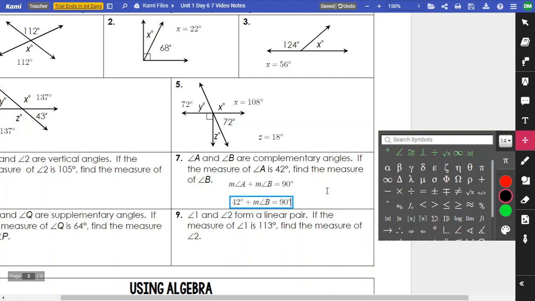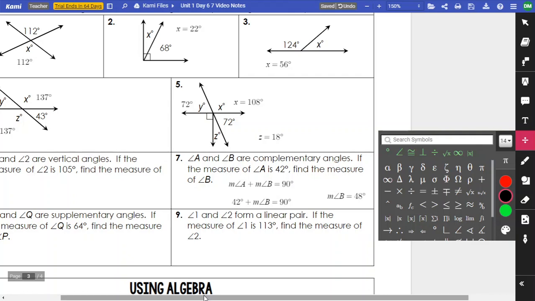And that means to find angle B, we just need to subtract 90 minus 42. So the measure of angle B is going to be equal to 48 degrees. And that's how we would find that.